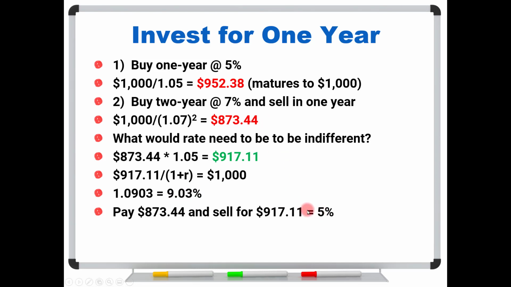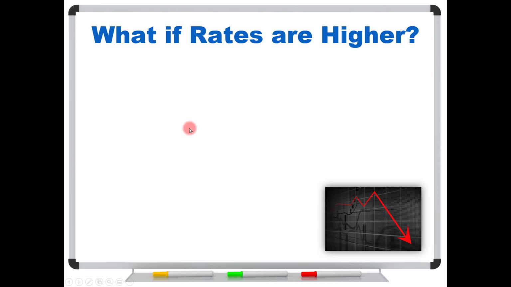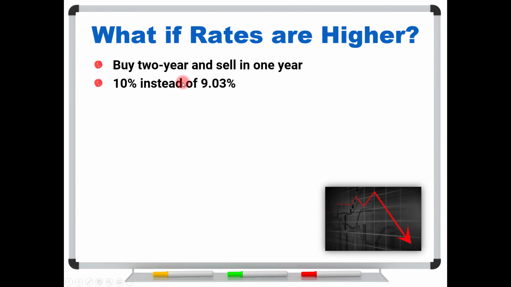Well, like I said, we're at risk though. We're not guaranteed to have rates staying at 7%. What if rates are higher? Well, if we buy the 2 year and sell in 1 year, and let's say that the rates are 10% instead of the 9.03 that we would need to see to be indifferent.